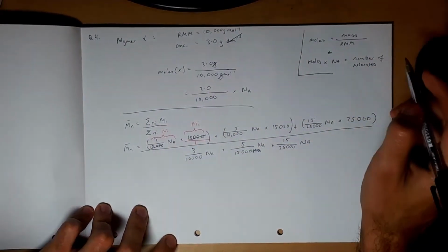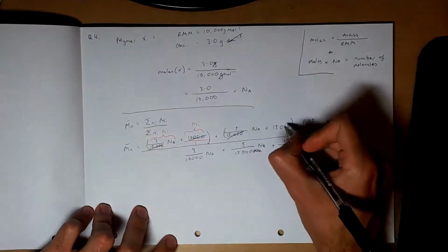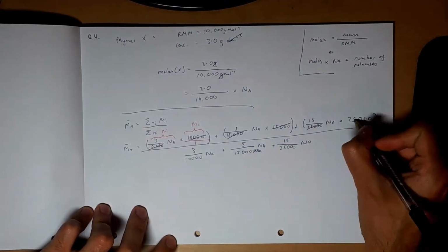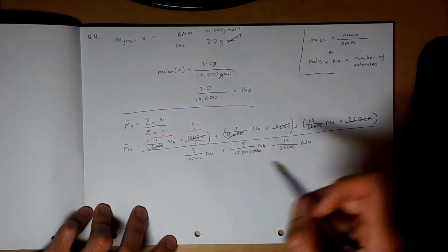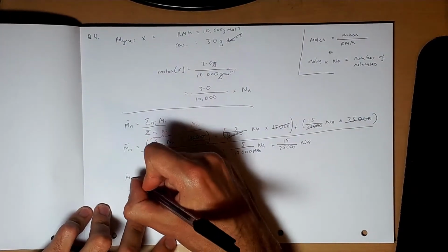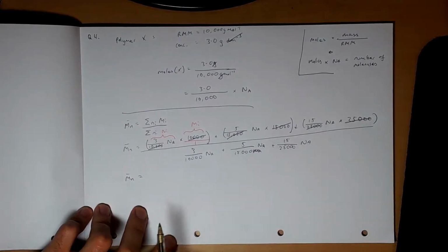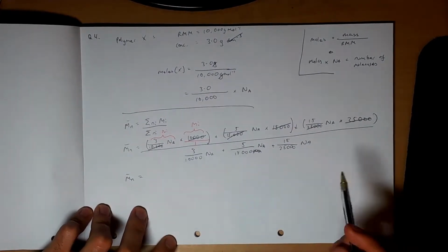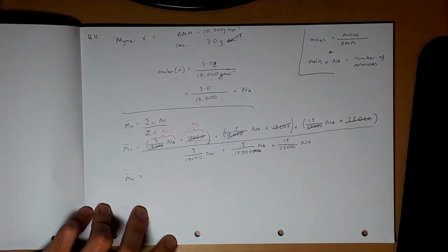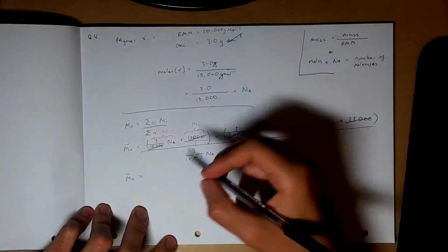These will cancel out, and we can do this for all of them. So we are left with a much cleaner equation. We can't do this for this part, so we'll have to just add these fractions together.